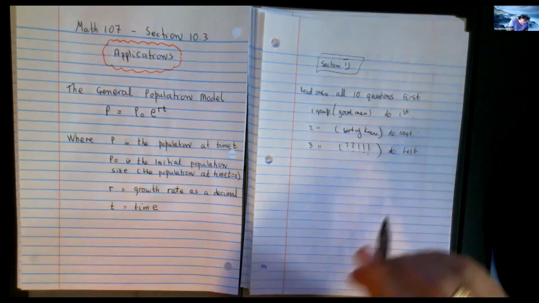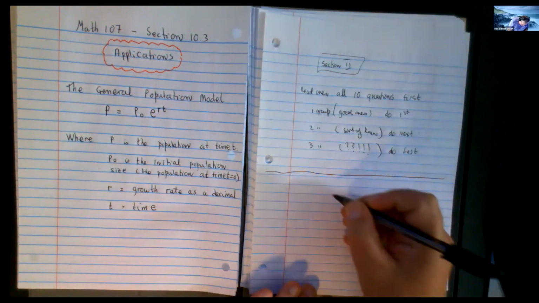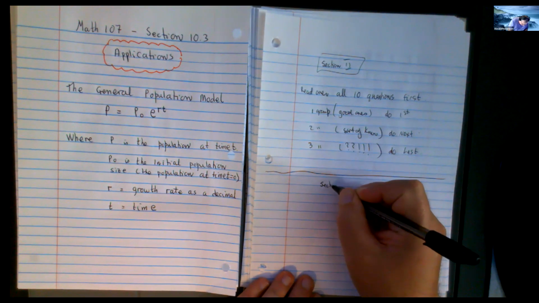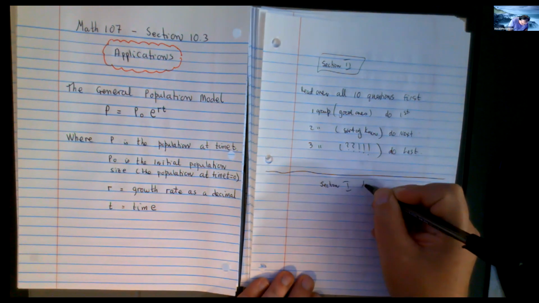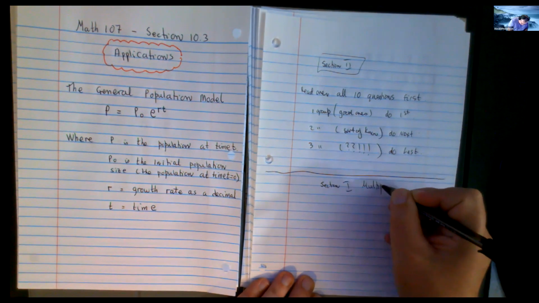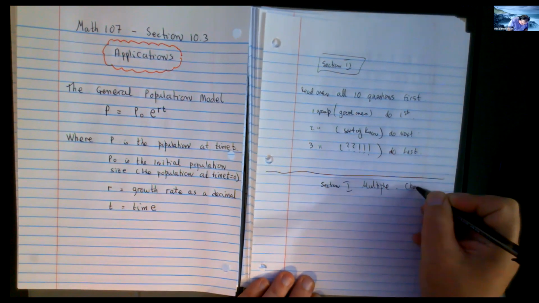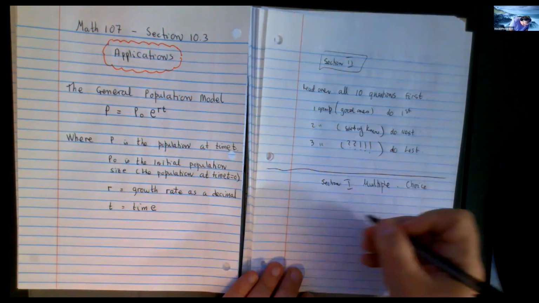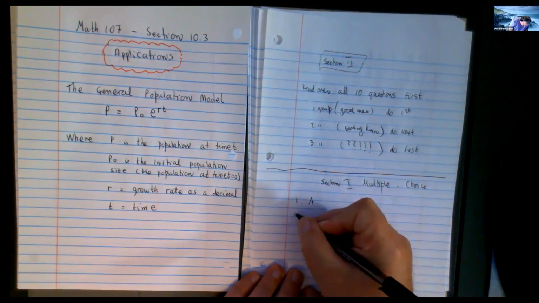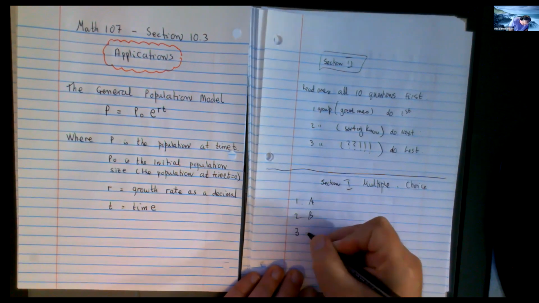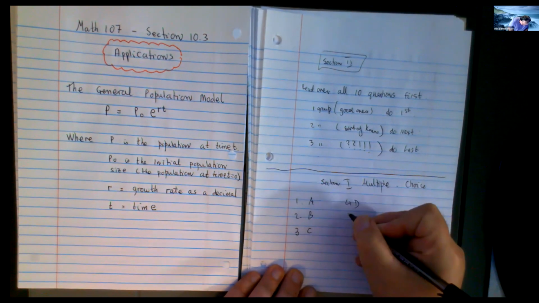Let me show you what you're going to do. In section 1, that's the multiple choice, all you're going to take a photograph of will be a page that looks something like this. 1 is A, 2 is B, 3 is C, 4 is D, and so on.